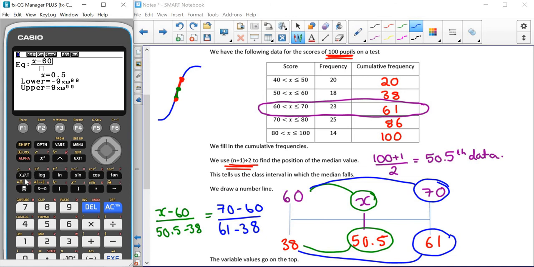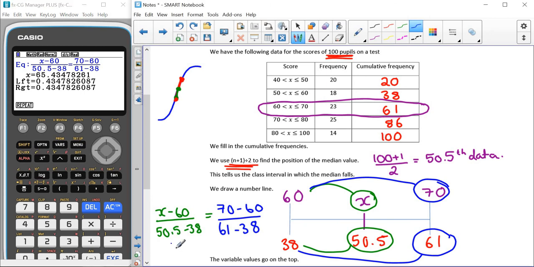Remember to use the x theta t button here to represent your unknown, divided by 50.5 minus 38, across to get out of the fraction, shift and the decimal point for the equal sign, another fraction button, 70 minus 60 divided by 61 minus 38. You have to click the execute button twice for it to show us what the answer is.